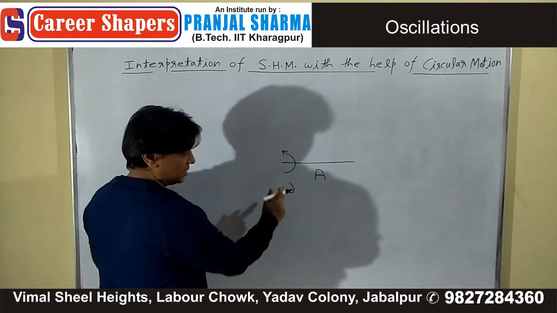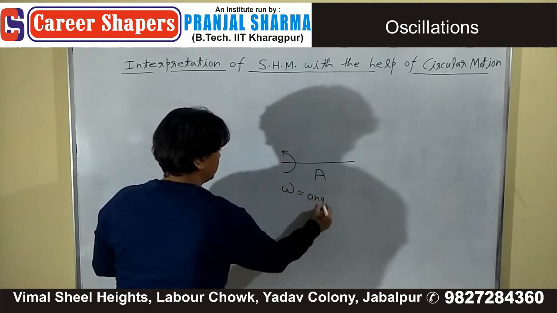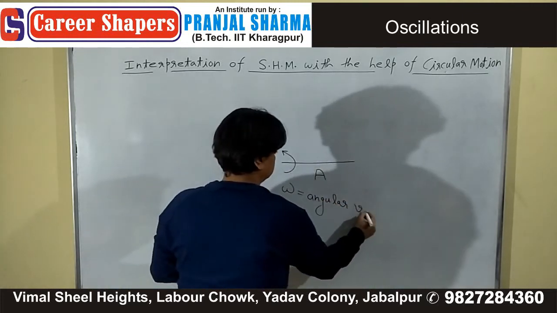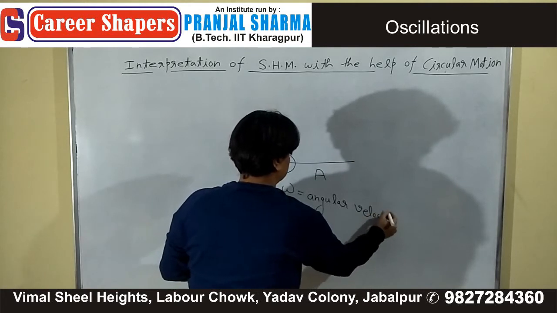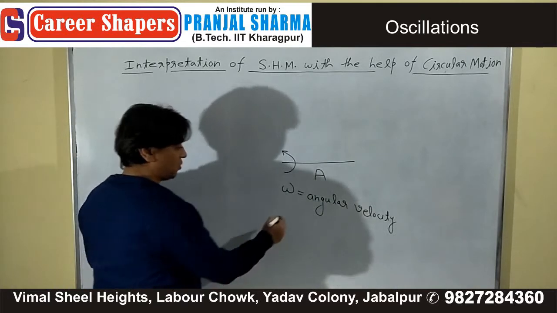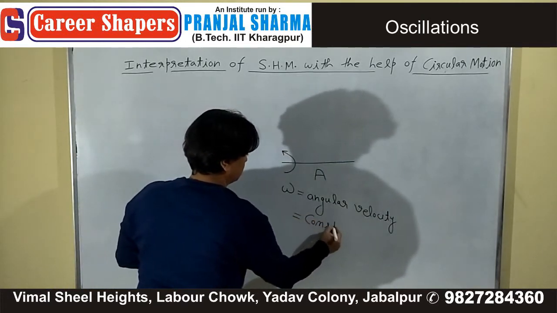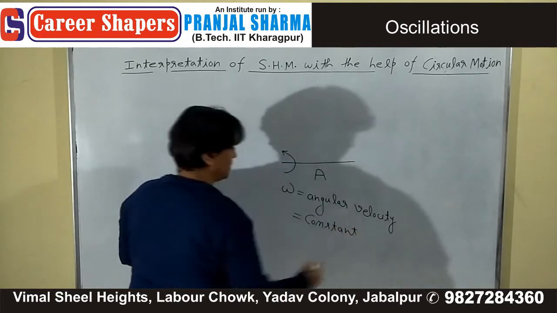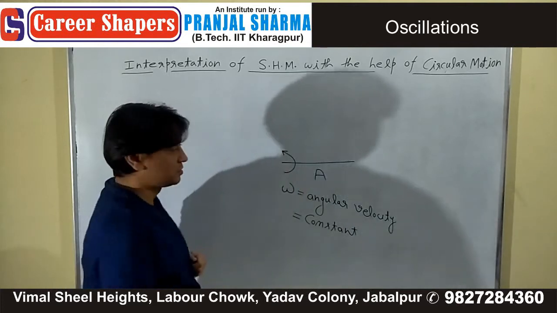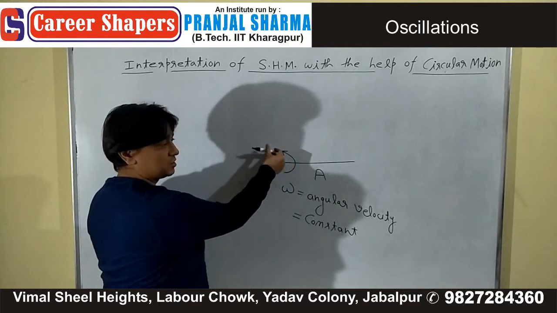This is omega. Remember, this omega is angular velocity. And the most important thing is this omega is constant, which means this rod throughout is moving with constant angular velocity.